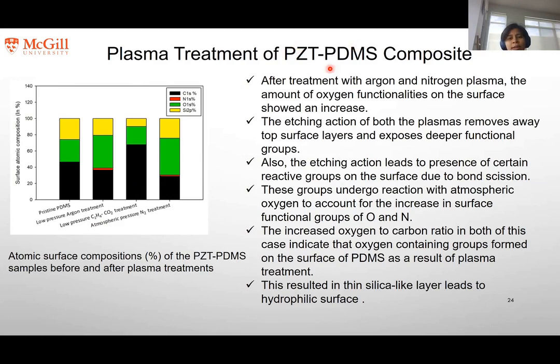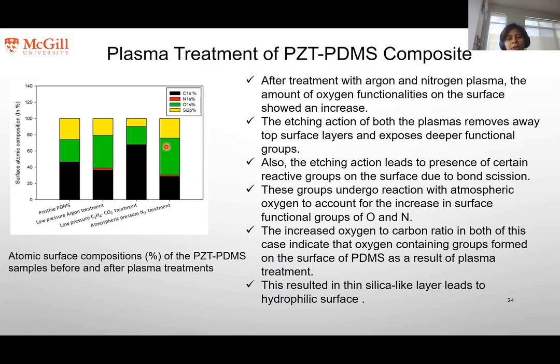You can see that for both cases, argon and nitrogen plasma treatment, the amount of oxygen functionalities on the surface increased. You can see the oxygen increased, which is the green bar here.